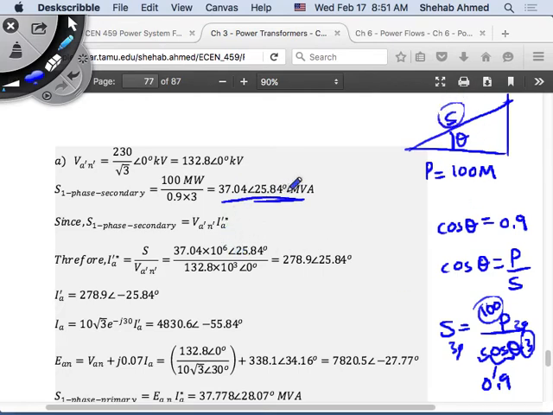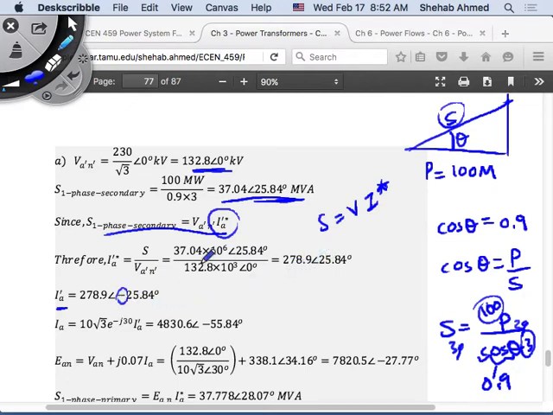Given S and V in single phase, you should be able to calculate the current. S is equal to V times I conjugate. So they calculated the conjugate of the current, and hence the current, you just flip the angle, right? So you put a minus sign here to basically flip it.